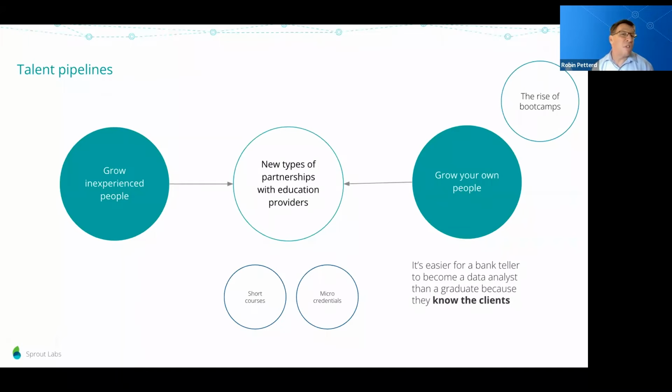The new Cert 3 in IT actually has competencies around creativity, problem solving, and coding. This is traditionally a qualification for entry level support people, so it's a really different type of work. And then there's growing people as well. I will talk a little bit later about the rise of bootcamps as well.